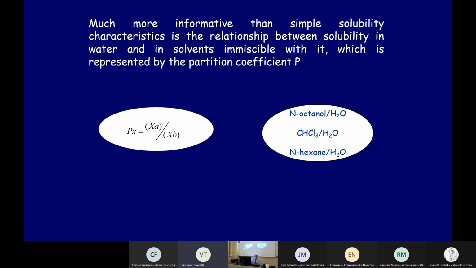We can try to determine this important parameter in a biphasic system. Water and another solvent, for example, chloroform, are immiscible. Normal hexane, an organic solvent, or normal octanol, is an alcohol. You see 8 carbon atoms, normal octane, and then an alcohol function.